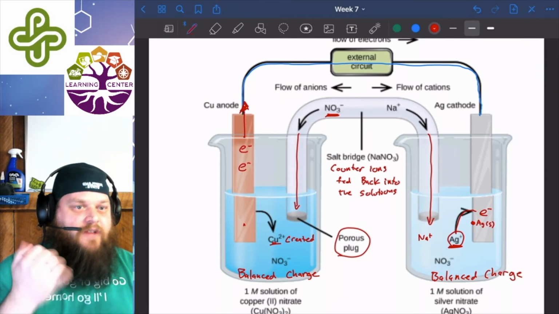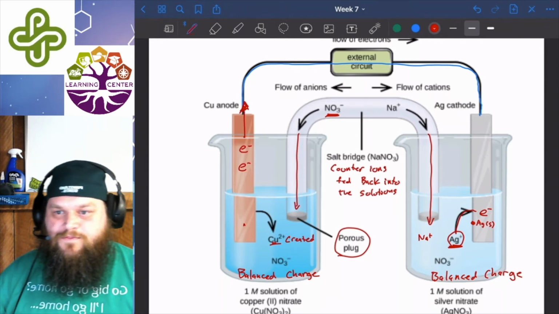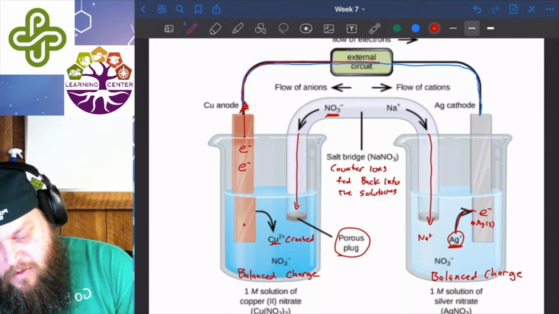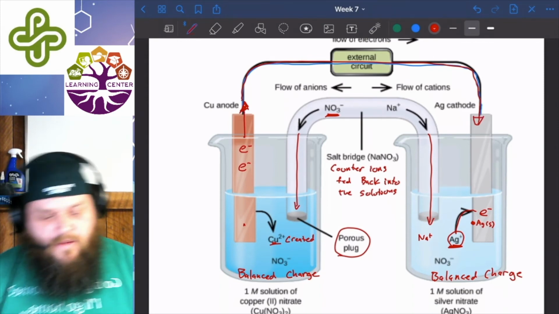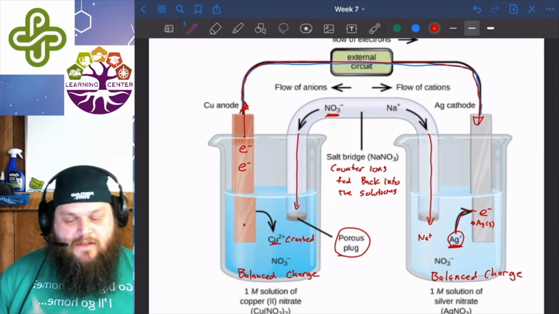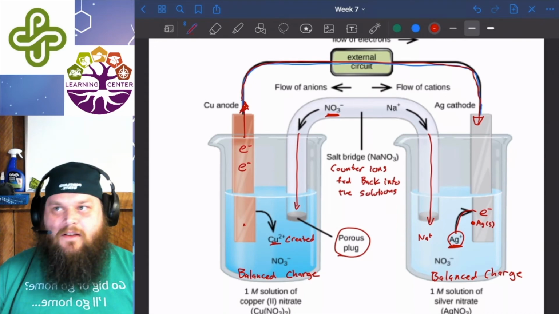They have to actually have a pretty strong attractive charge to get through them. And then the flow of electrons, these electrons, like I said, flow along this into here, which causes those silver ions to bond to them. And that's the basic idea and theory behind that galvanic cell.